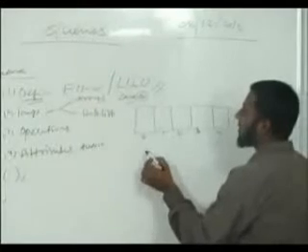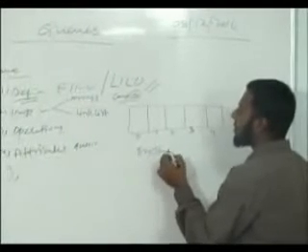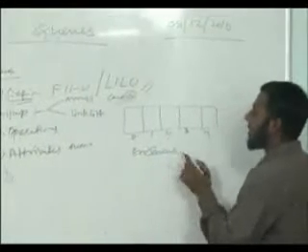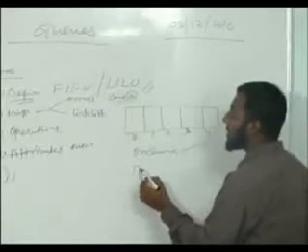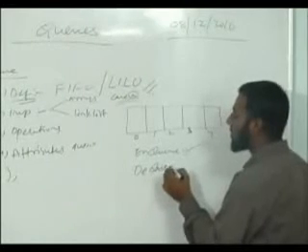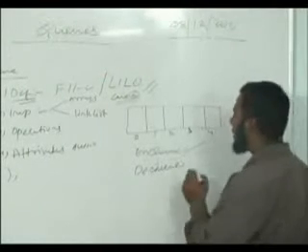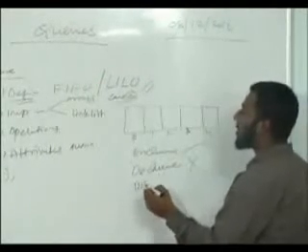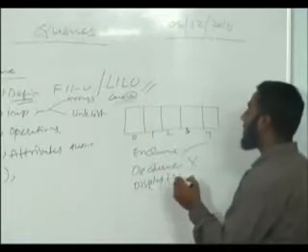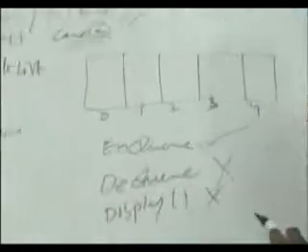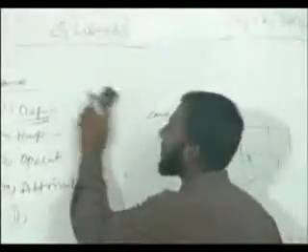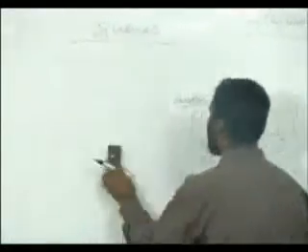In this case A, is NQ allowed? Yes, NQ is allowed. Is DQ allowed? DQ is nothing but removing an element. This is not allowed. Is display allowed? Display is also not allowed. Similarly, we'll see different cases which are possible on a queue, which help us in writing code for a queue.